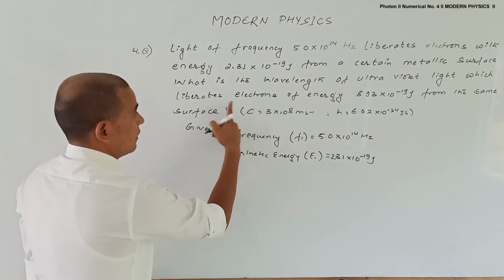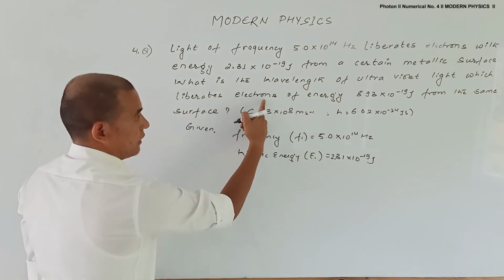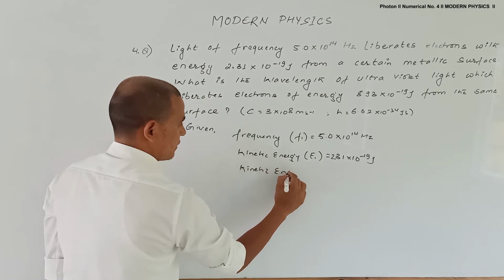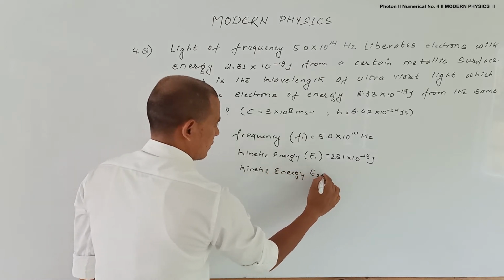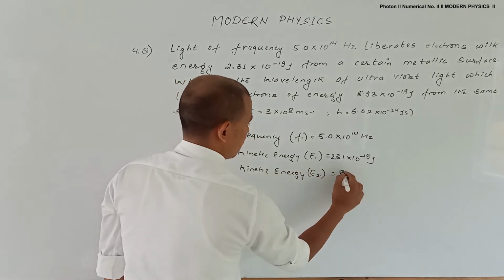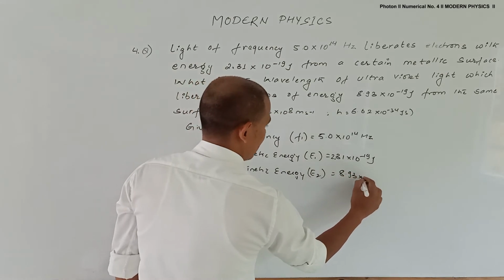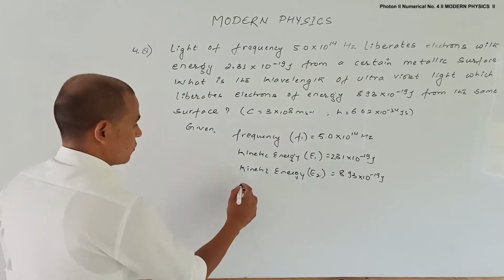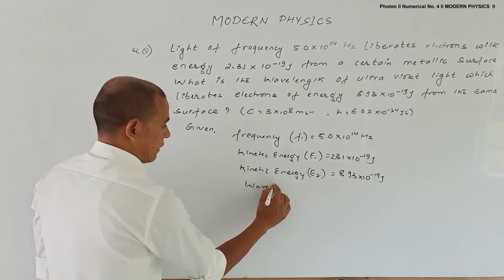Again, the second kinetic energy E2 will be equal to 8.93 into 10 to the power minus 19 joule. So we have to calculate the wavelength.